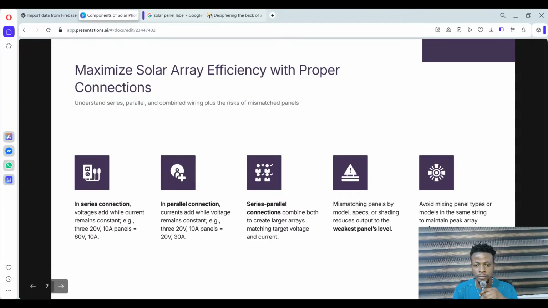I need to do some bit of explanation here. All right. So I was saying that you could connect your panel in series or in parallel, depending on what you want to achieve.